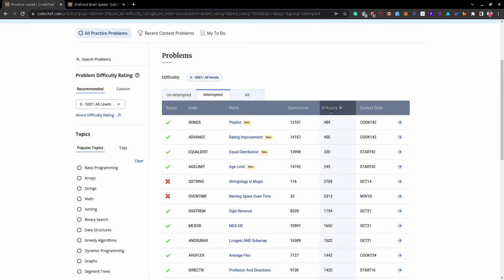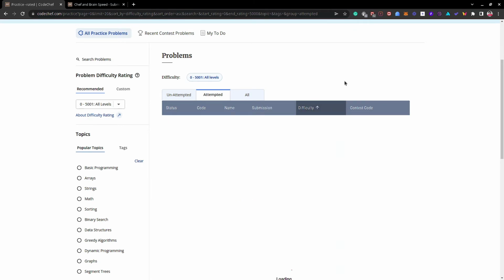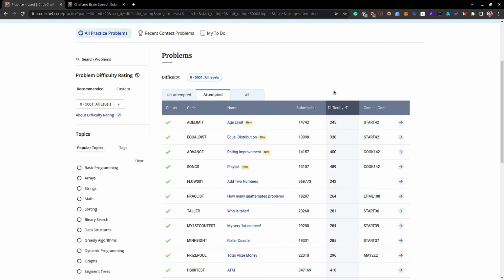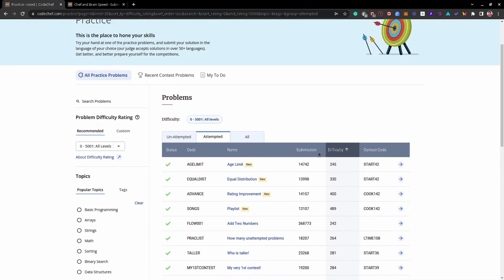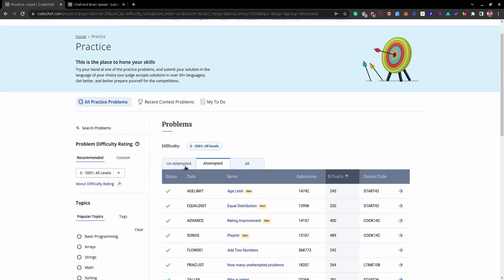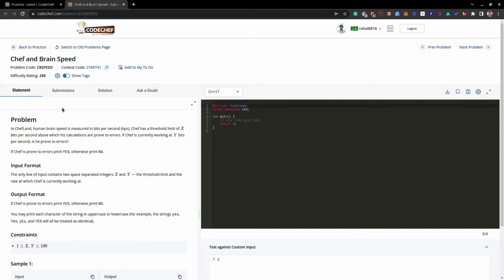Okay, these are really easy ones. I've done all the easy ones here. But the main part is that I'm not doing this only for those that are easy and simple. Those are in a contest code. Okay, Starters 41. These are contest codes.